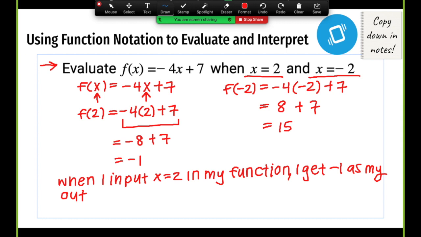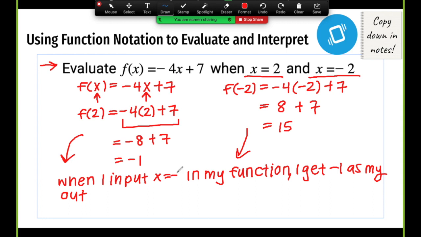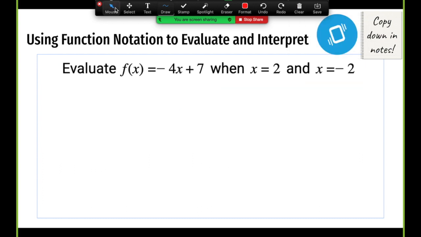And I could say the same for this one as well, where I say when I input negative 2 in my function, I get positive 15 as my output. Okay. So let me clear this and let's move on.